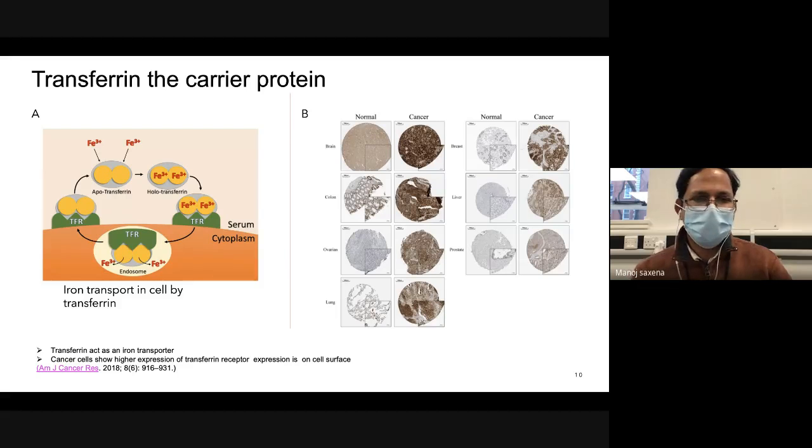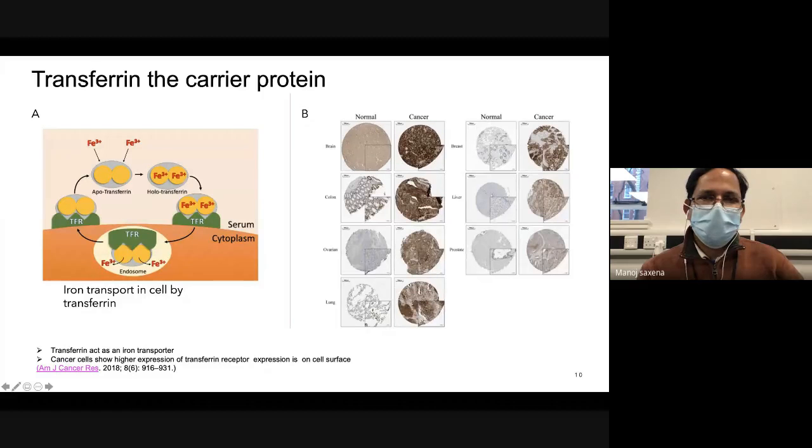I will not go into detail of how it carries iron, but on this slide, the emphasis is that if you compare the normal cells or the normal tissue to the cancer tissue, you will see that there is a preponderance of the receptors of transferrin, which is shown here by dark staining in cancer tissue compared to the normal tissue.